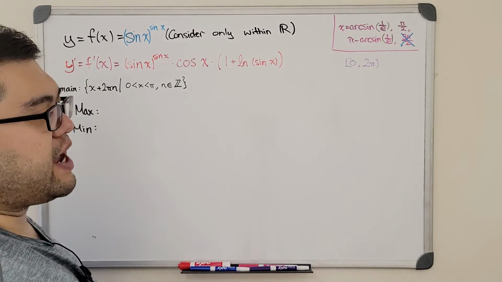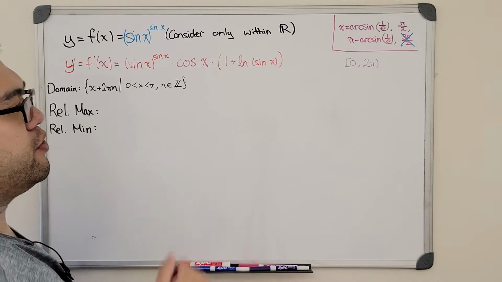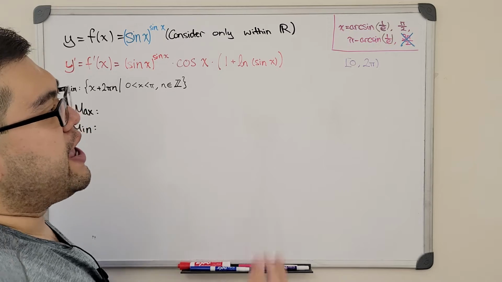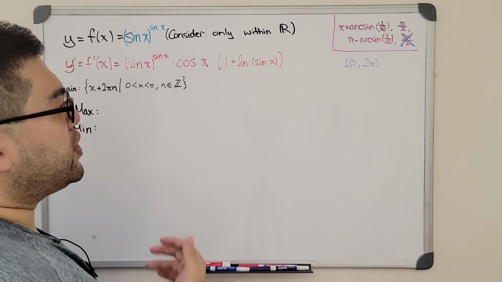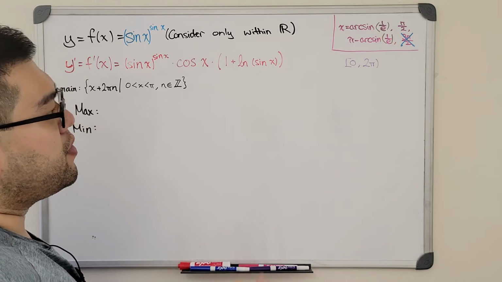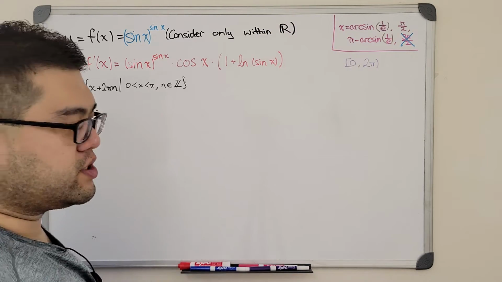And the sign of the second derivative will determine whether it's concave up or concave down at such a point, so that we know whether it will be a relative maximum or relative minimum at each point.